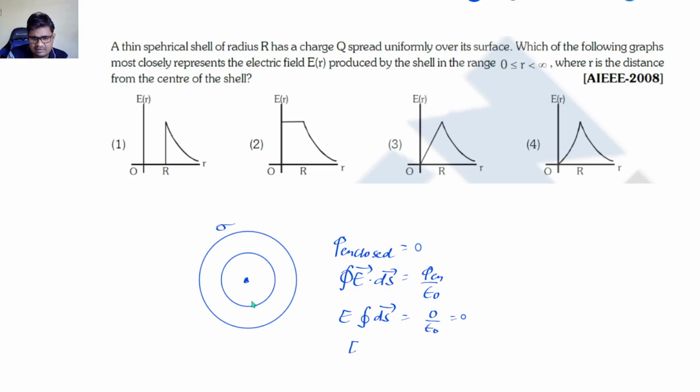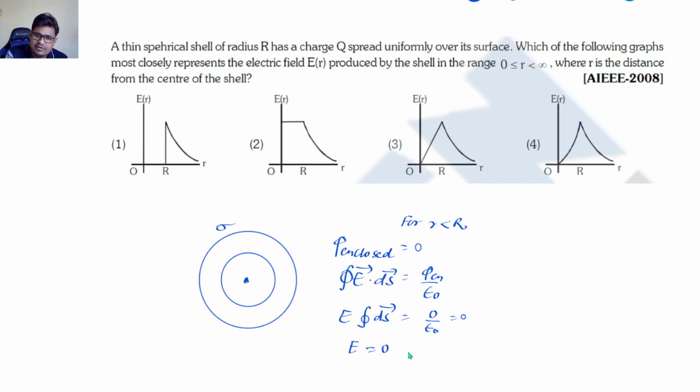So it gives us that E times the surface integral is 0. The surface integral is non-zero, because this Gaussian surface has a certain amount of area. So this is non-zero and the product of these two is 0. That means E has to be 0 here. So the electric field for r less than R is 0 here.